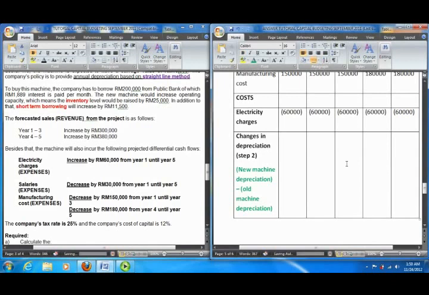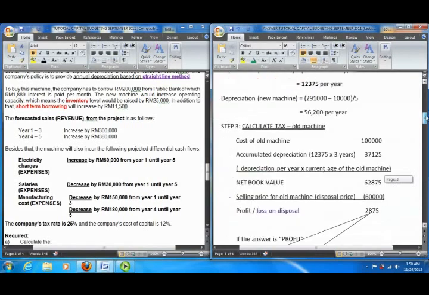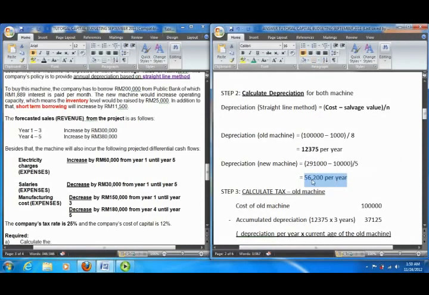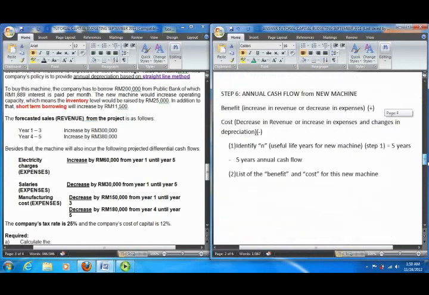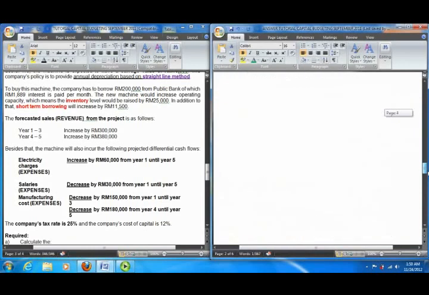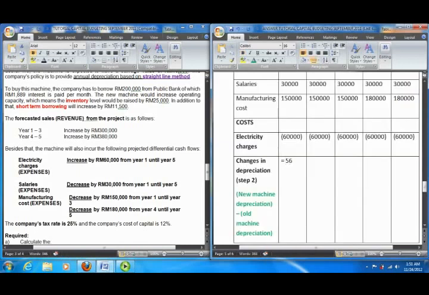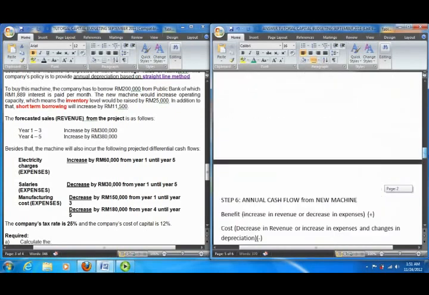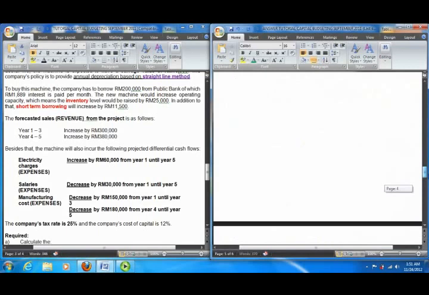So class, first your new machine. Okay, now we go to step 2. Alright, as you can see, class, your new machine is 56,200 minus 12,375. 56,200 equals 56,200 minus 12,375.